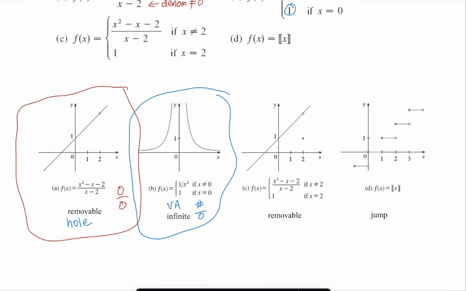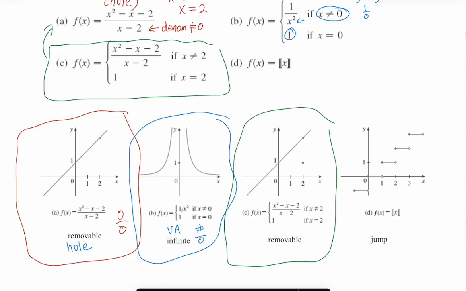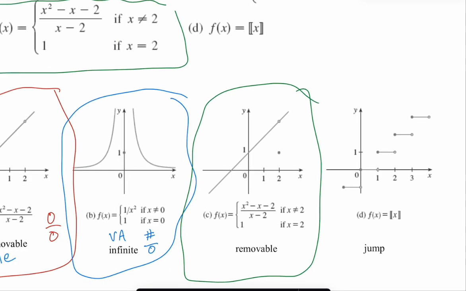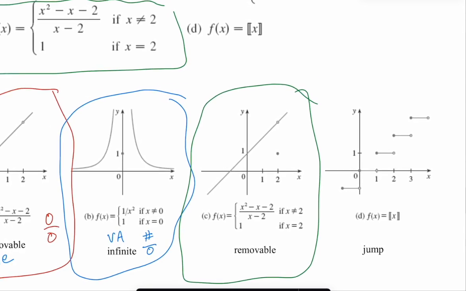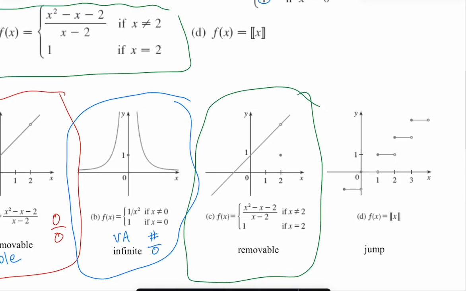Okay. If you take a look at C, there is a problem again. Look at the difference between A and C. The only thing about A and C is it's still a removable discontinuity. We still have a hole because they didn't fill it into the right spot. You see how they put it in the wrong spot? For it to be correct, what they should have done is fill it into the spot 2.